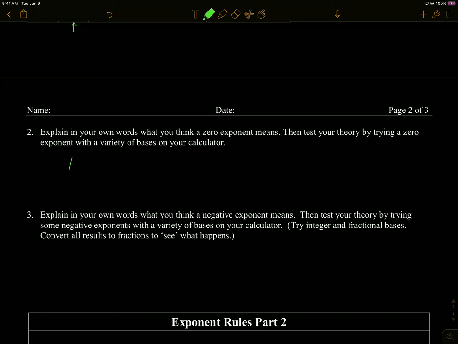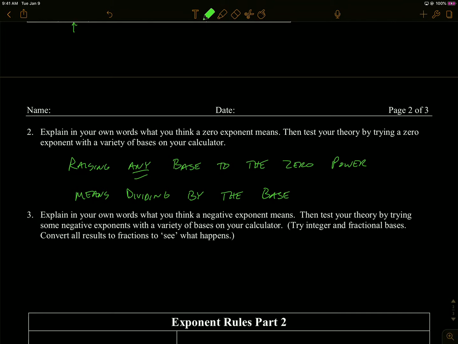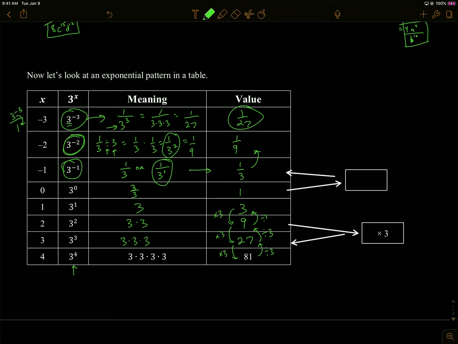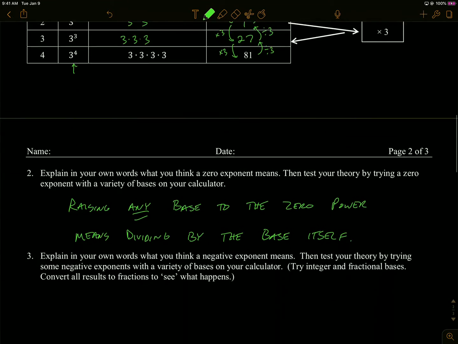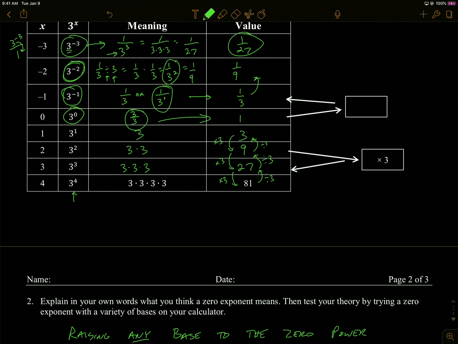So raising any base to the 0 power means dividing by the base itself. That's what happens in this table. Whenever we do 0 power, we're dividing the base by itself. So we're always going to get 1.